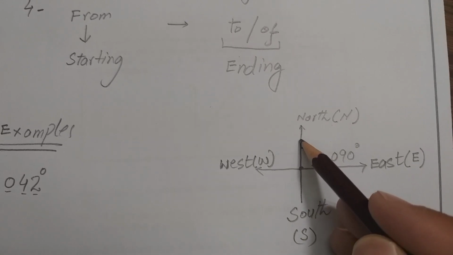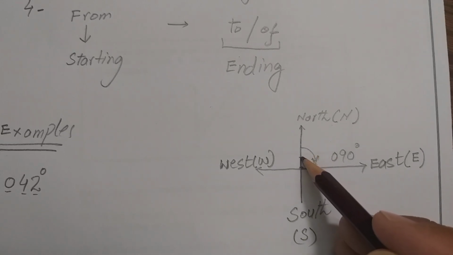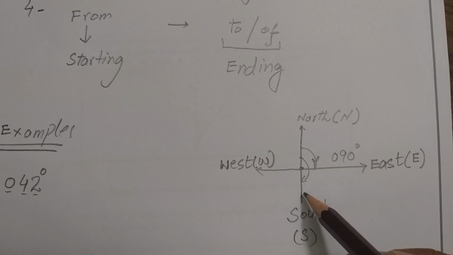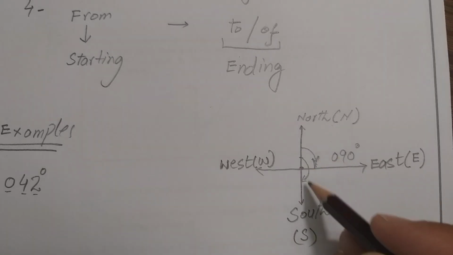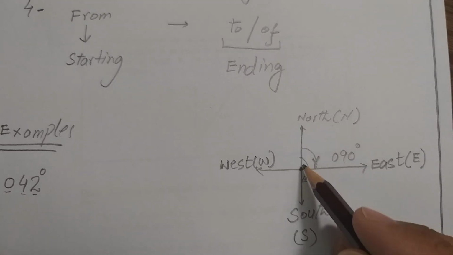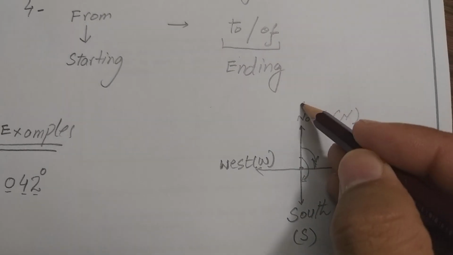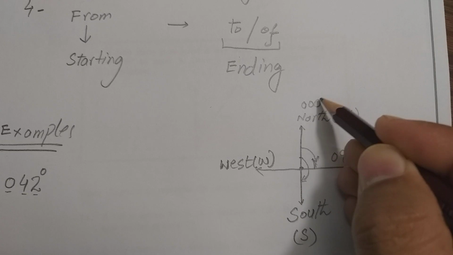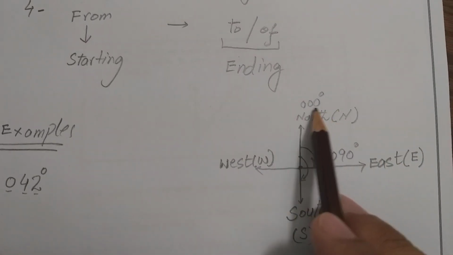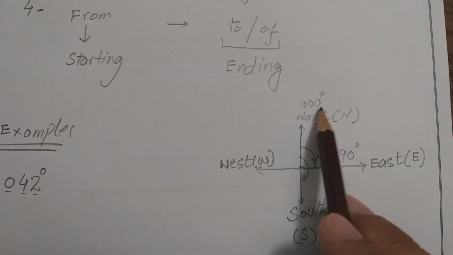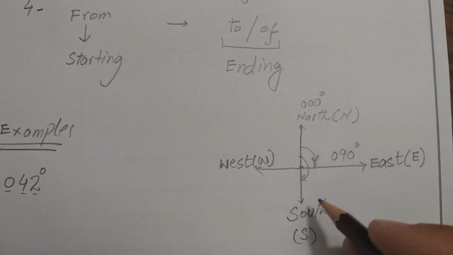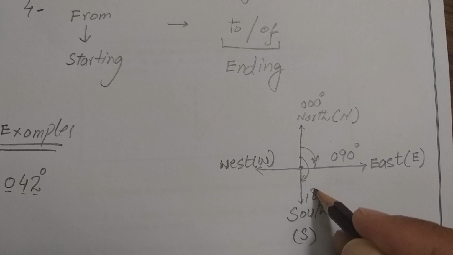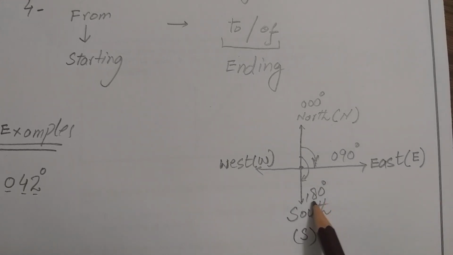If we start from the north, which is the 0 line, and stop at this line, this is 180 degrees, already in three figures, no need to put 0 before it.